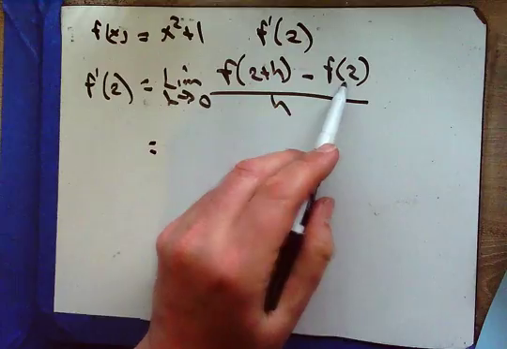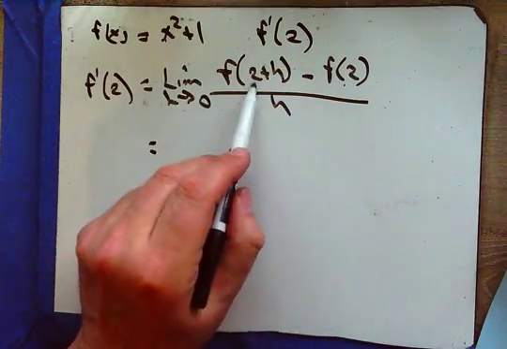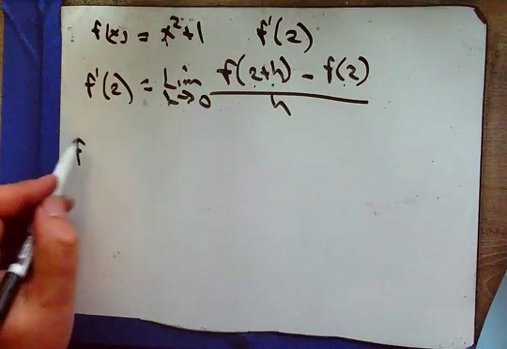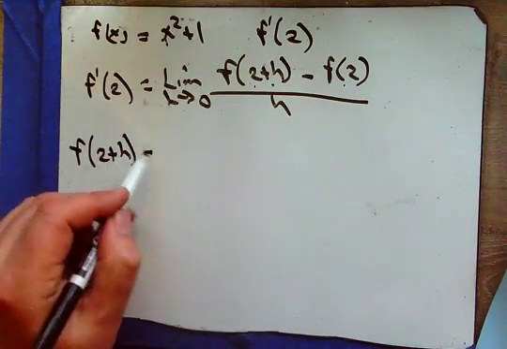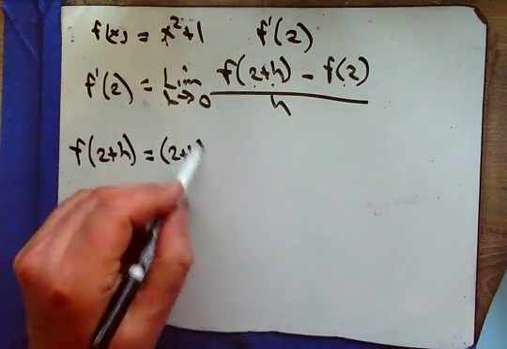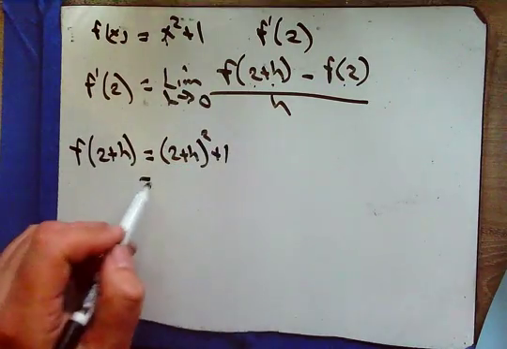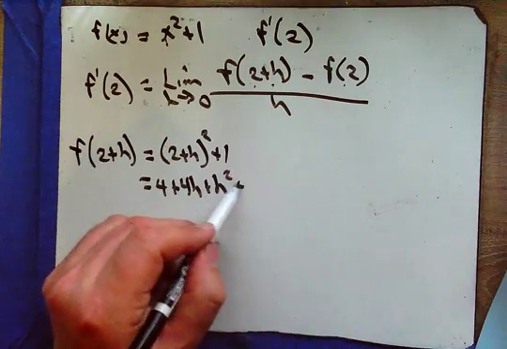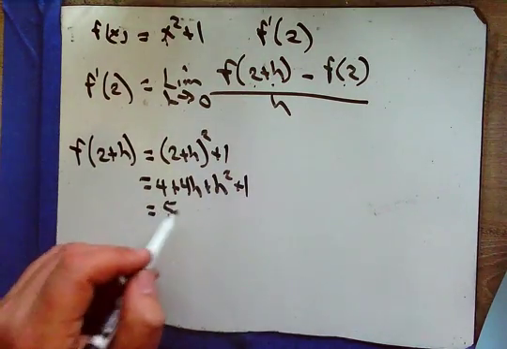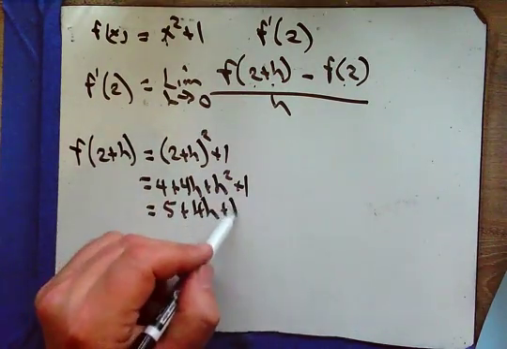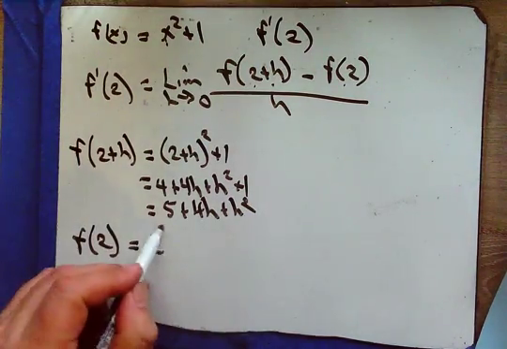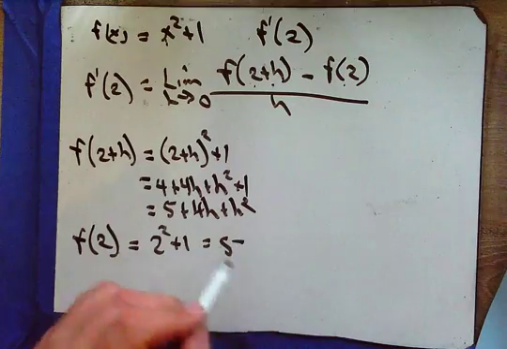Well, f of 2 means I plug a 2 in there. F of 2 plus h means I plug a 2 plus h in there. So what is f of 2 plus h? Well, it's 2 plus h squared plus 1, or 4 plus 4h plus h squared plus 1, which is 5 plus 4h plus h squared. And f of 2 is just plugging in 2, and so we get 5.